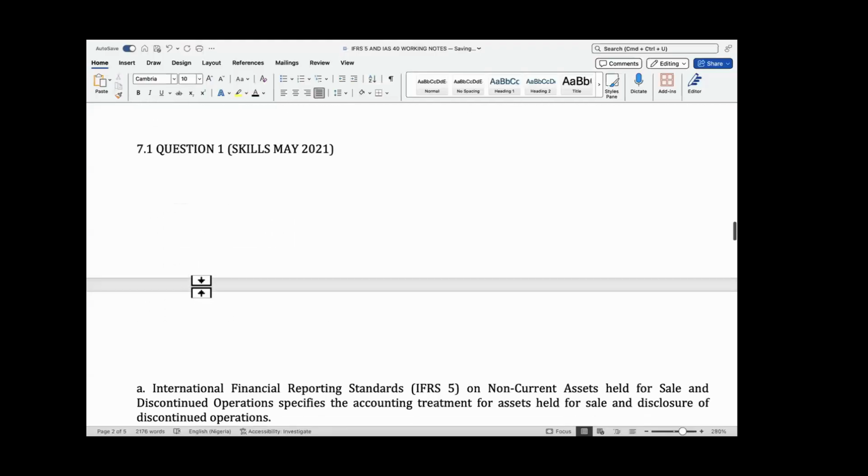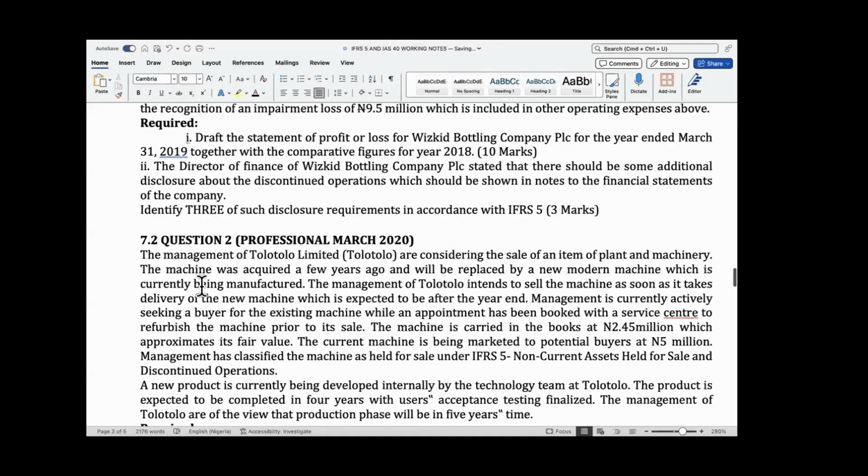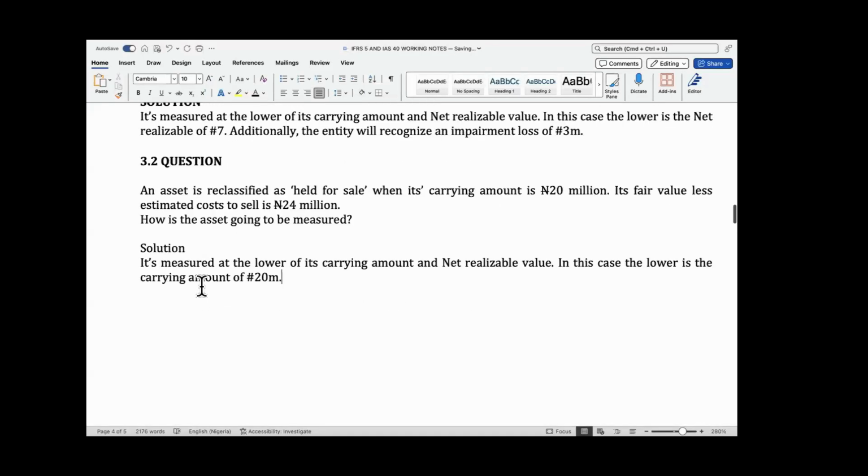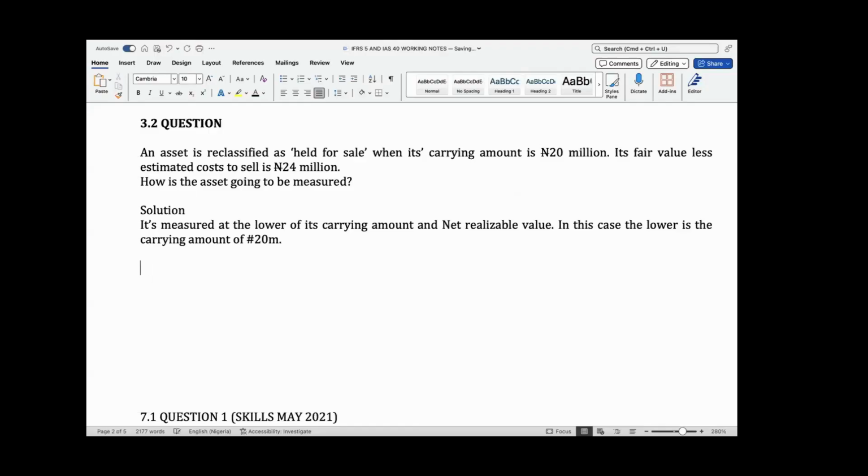Okay. Then the next question is past corrections. Before we move to the next question, let's talk about the second part, which is discontinued operations. Remember, this standard talks about non-current assets held for sale and discontinued operations. So to put a very good context to what a discontinued operation means, it is like an operating segment.